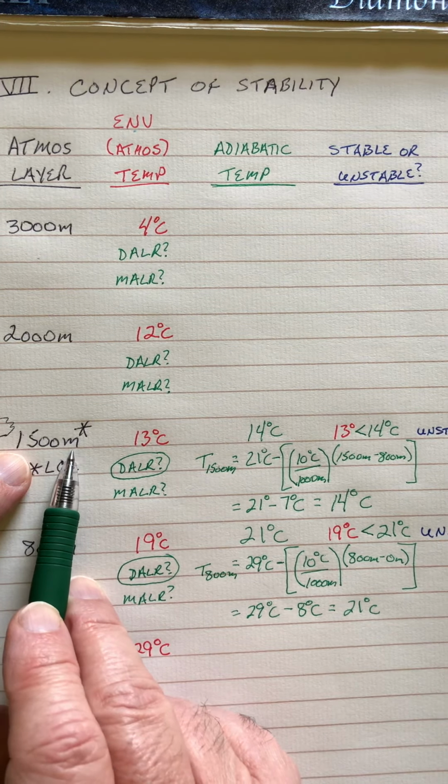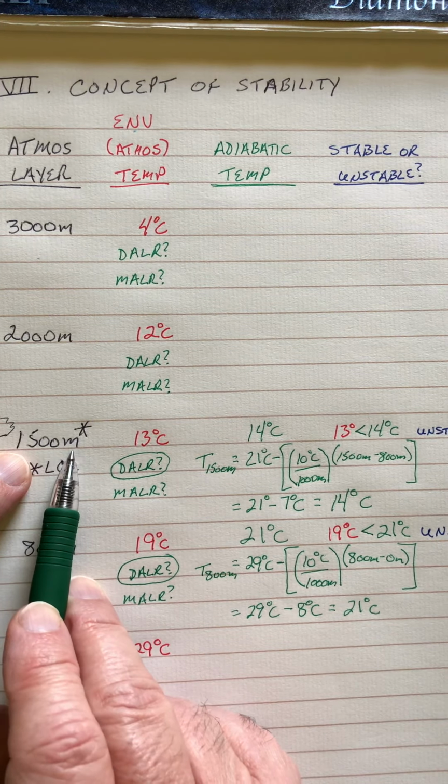Okay, and so that will give us 14 degrees C minus 6 degrees C per 1,000 meters. We're going up 500 meters, so that means the air would cool another 3 degrees Celsius, and that would give us an adiabatic temperature, or the temperature inside the hot air balloon, of 11 degrees C. So I'll put 11 degrees C up here.